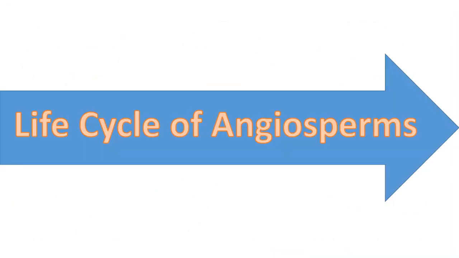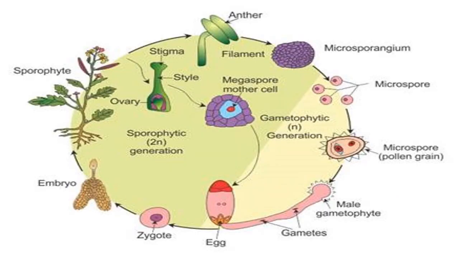Now let's take a look at the complete life cycle of angiosperms. See, this is a diagram for the life cycle of angiosperms, and this is given in your NCERT book as well. So let's start from here. This is an angiospermic plant having all the well differentiated structures like root, stem and leaves. And here you can see these flowers also.